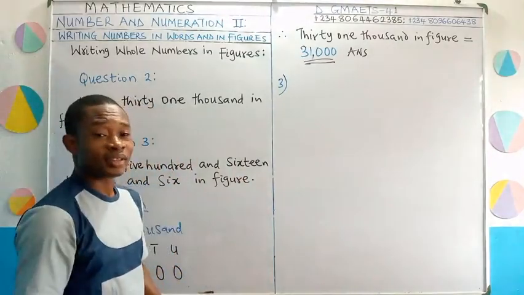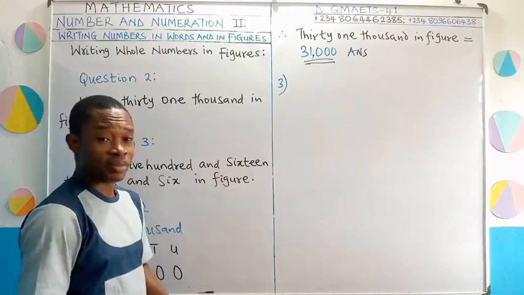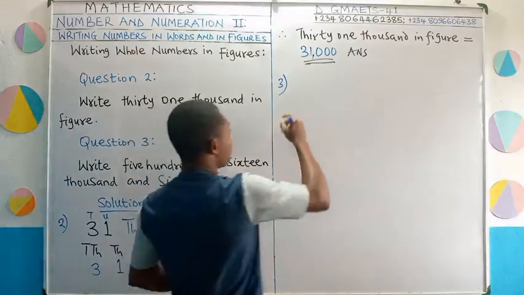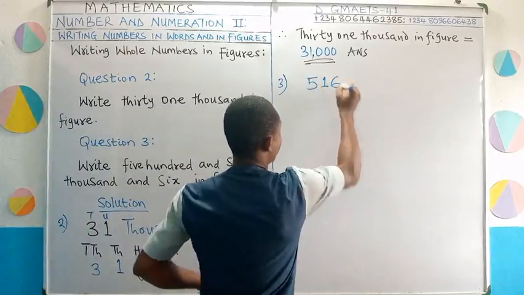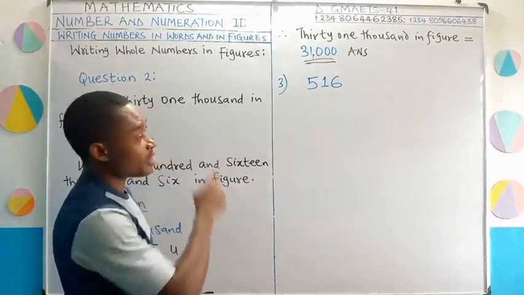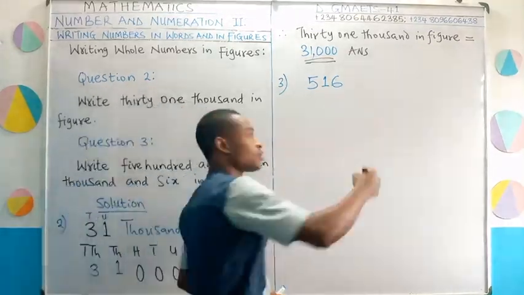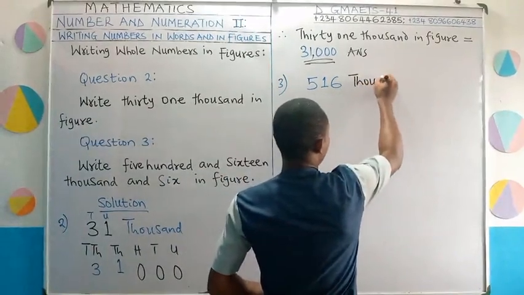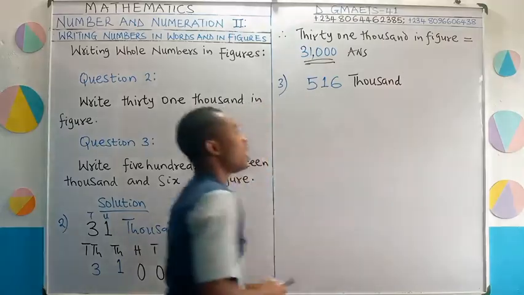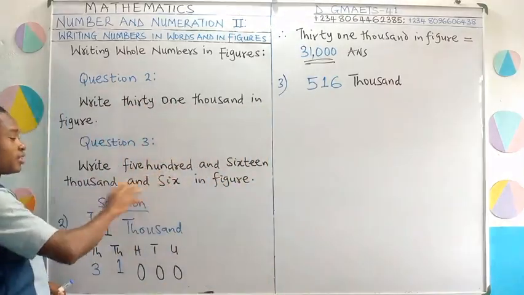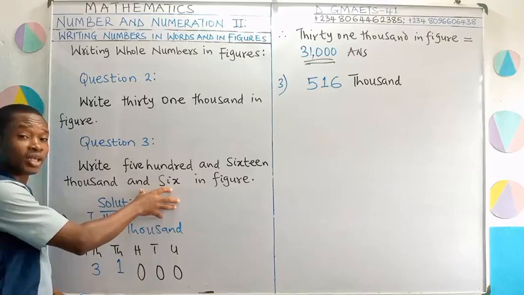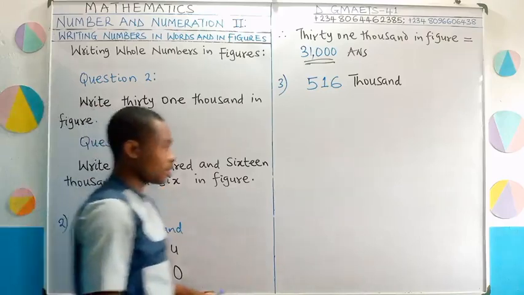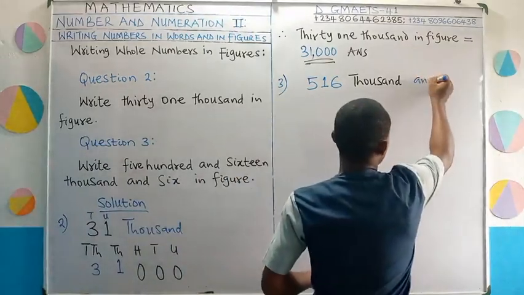How would you write that? Of course, it's in hundreds, so it's 3-digit numbers, right? So 516 is written like this: 516. And then this 516 belongs to the thousand standard place value, thousand. And then after that 516,000, the next thing I heard is what? The next thing I heard was what? And 6. Good. So we have and 6.